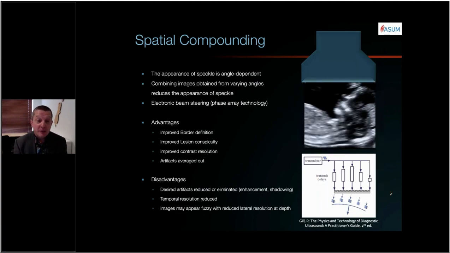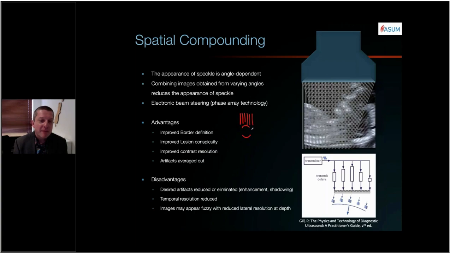Some of the advantages of spatial image compounding is that you get much better border definition. Where in the past, for example, you're looking at a simple cyst using conventional ultrasound with all the beams orientated straight into the patient, a cystic structure will generally generate echoes along the top and bottom, but it will fail to fill on the sides.